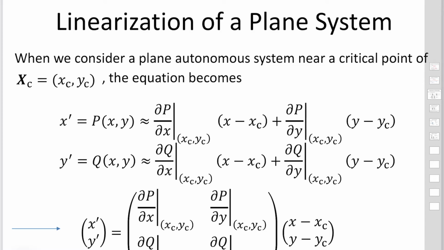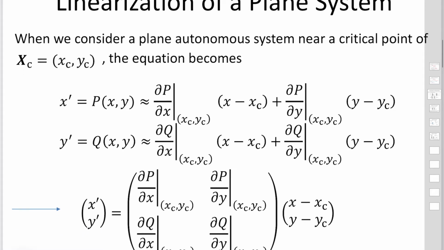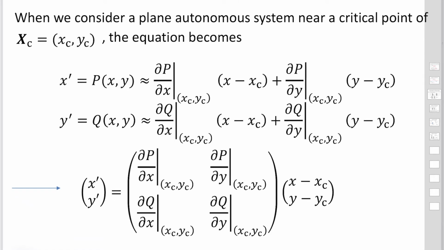Now we'd like to consider the plane systems. In a plane system, we have two dependent variables, x and y. First of all, it's better to linearize the equations. So when we consider a plane autonomous system near a critical point of x sub c and y sub c, the equation is approximated with this equation.